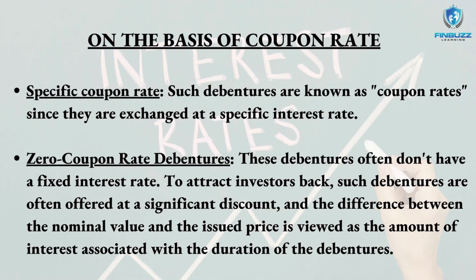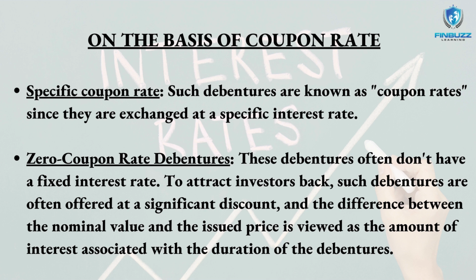Now, the next categorization is from a coupon rate point of view. So the first type is specific coupon rate debentures. Such debentures are traded with a specified interest rate or coupon rate, which is what gives them their name. The second one is zero coupon rate debentures.